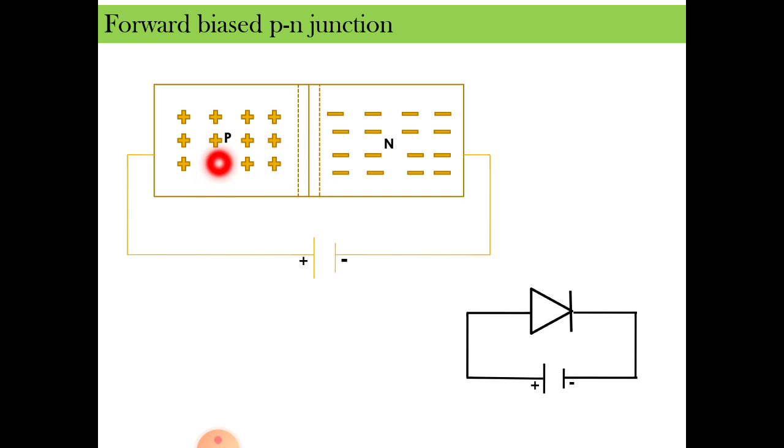Similarly, the holes move towards the negative terminal of the battery, and these holes cross the depletion region so that they reach the negative terminal of the battery, and due to this arrangement the current is developed.